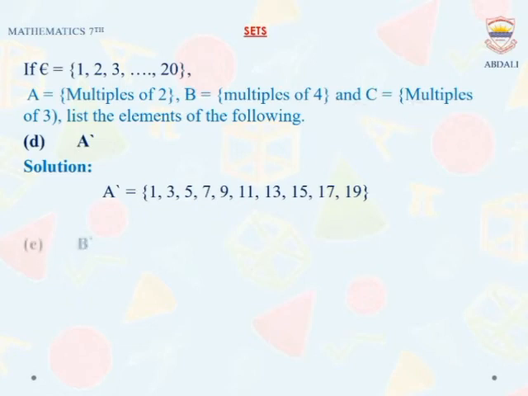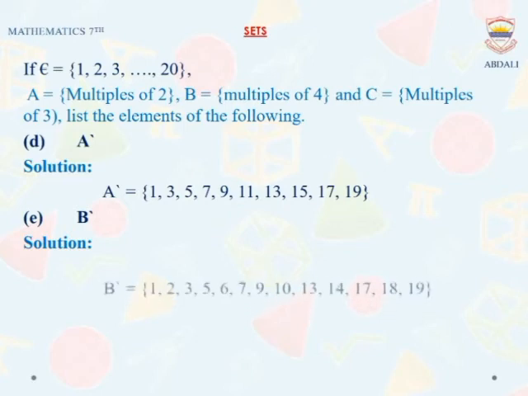Okay? And now the next part is B prime. Now we have to write all the elements of the universal set that are not in set B. So set B contains multiples of 4. So B prime will contain all the elements of the universal set other than the table of 4.